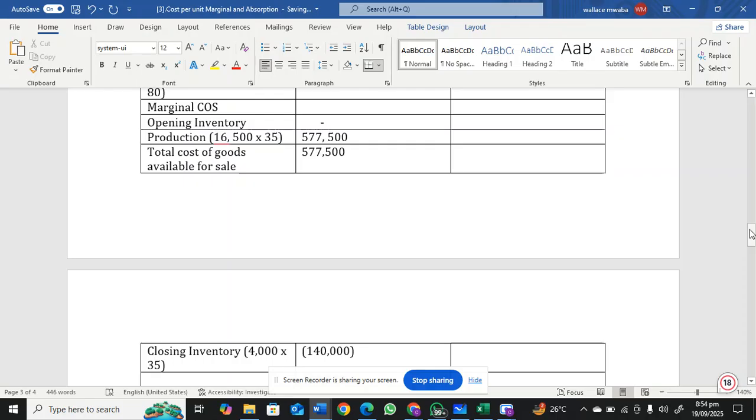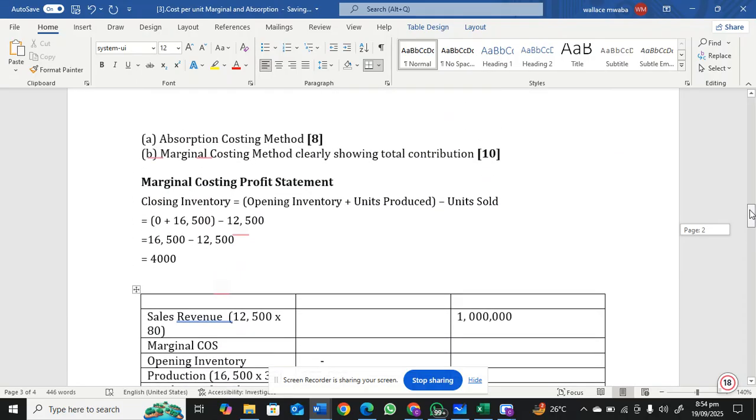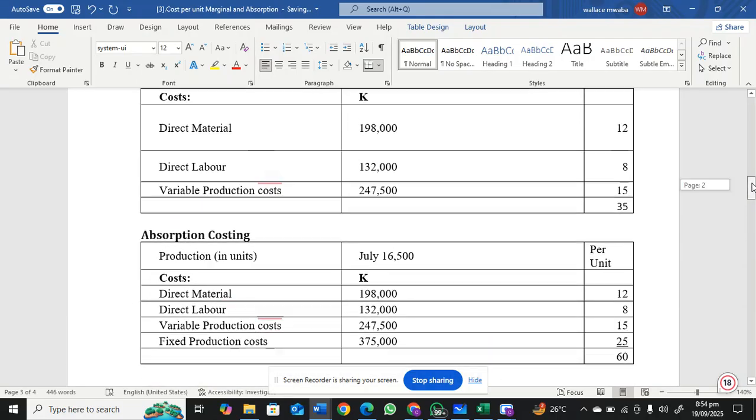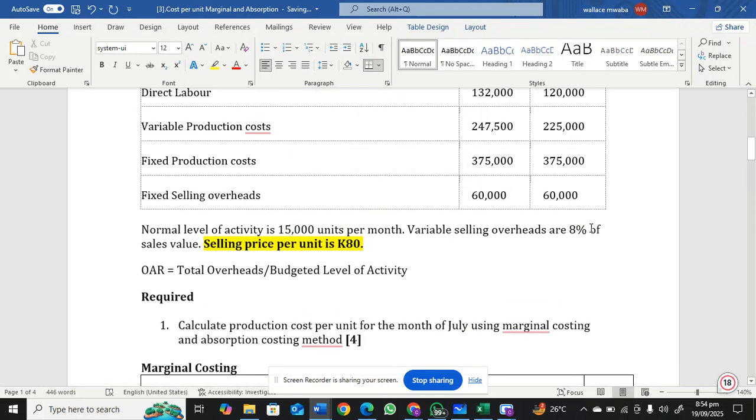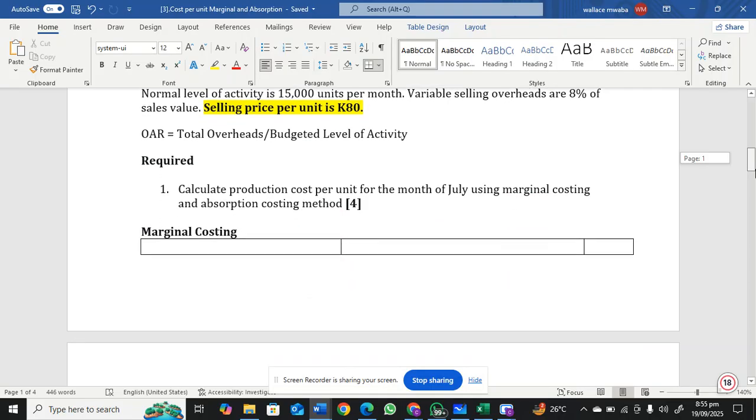Okay. Now, in the question, they told us we've got variable selling overheads. It said variable selling overheads are 8% of the sales value.